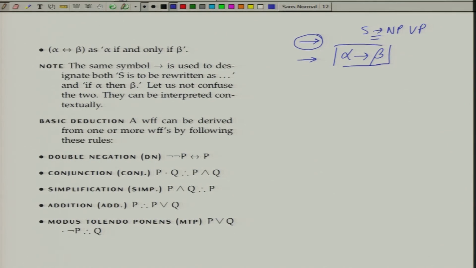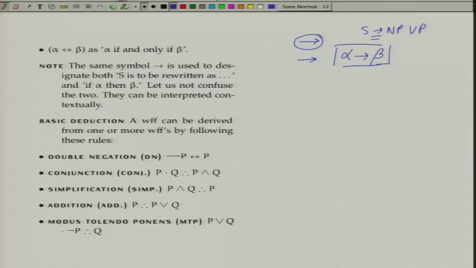What I mean by deduction is the art of concluding one thing from another. Now, for example, if somebody tells me that it is not the case that Ram hits the ball, what do they actually mean?